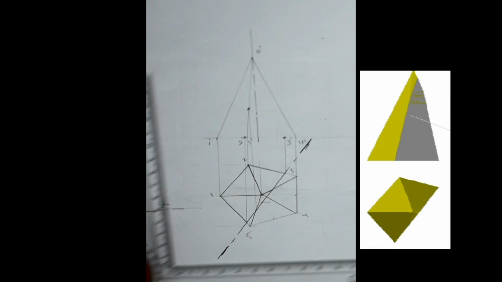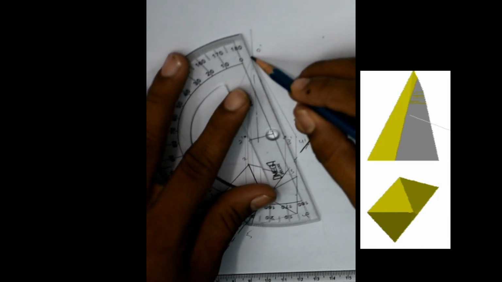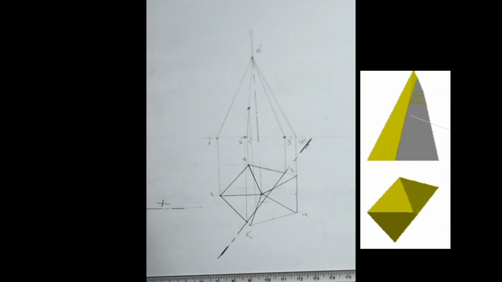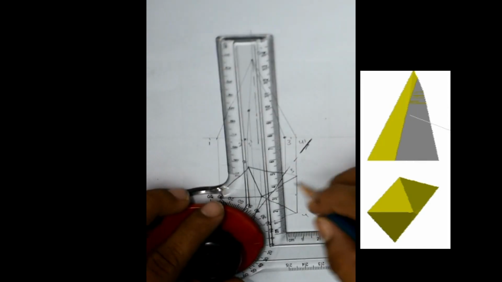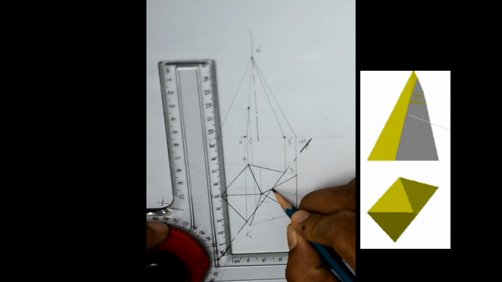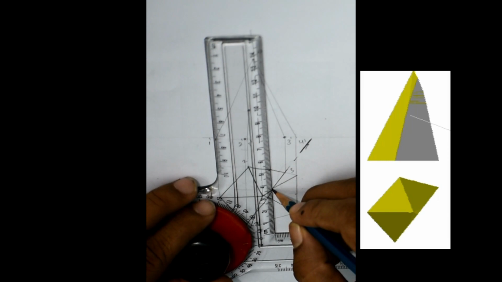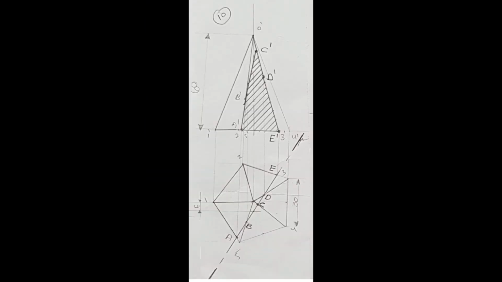And this is the third point. I have forgotten to take the third generator. So as this is the third generator, and it is cutting this third line here, we'll get one more point. Now I have joined all these points and I have done hatching within these points. So this is going to be your final solution.